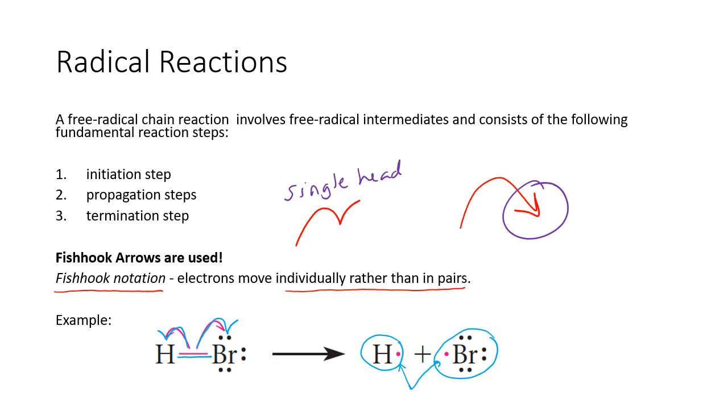And once you form your radicals, then you start going through the propagation steps, where now radicals are forming more radicals and they're combining with other things to rip electrons off and form more radicals until two radicals combine in a termination step, where now we don't have radicals floating around anymore. So radicals are highly reactive and they're going to want to react and rip electrons off of other things.